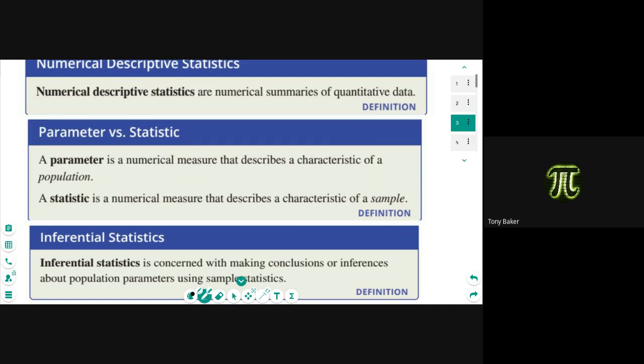Depending on if we're looking at a population or a sample, we'll be either finding a parameter of the population or a statistic of the sample. We already talked about those two words back in chapter 1, where parameters were population and statistics were samples. Those pieces are descriptive. We're talking about the actual data points and a specific calculation of it.